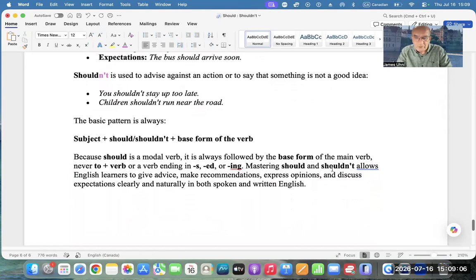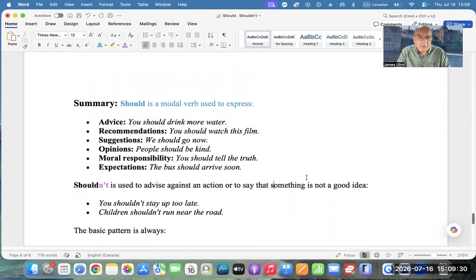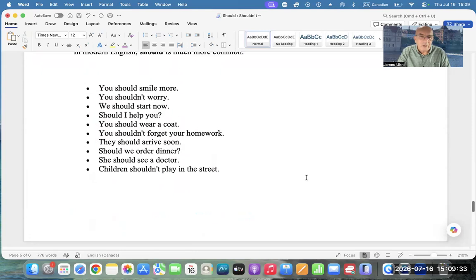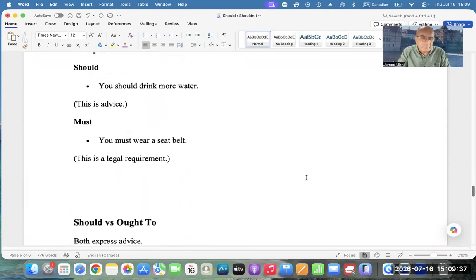Mastering should and shouldn't allows English learners to give advice, make recommendations, express opinions, and discuss expectations clearly and naturally in both spoken and written English. So should and shouldn't is actually very easy to learn as well, for as long as you learn how to understand the little perks of English grammar.